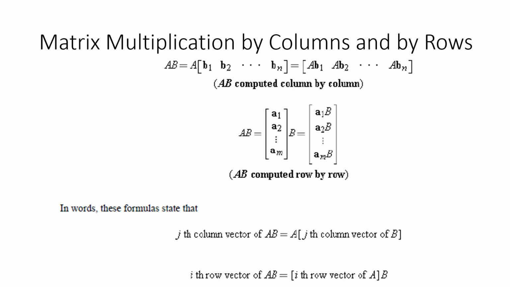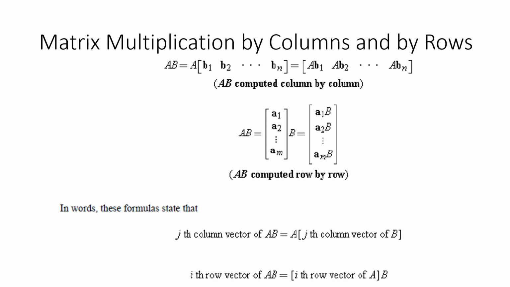Specifically, we have formulas whose proofs are left, however it needs to be shown how individual column vectors of AB can be obtained by partitioning B into column vectors, and how individual row vectors of AB can be obtained by partitioning matrix A into row vectors.